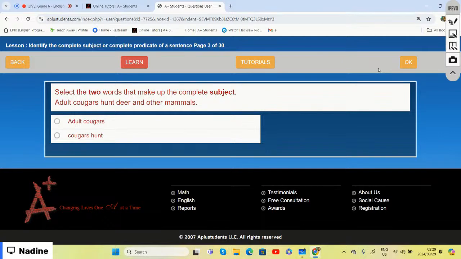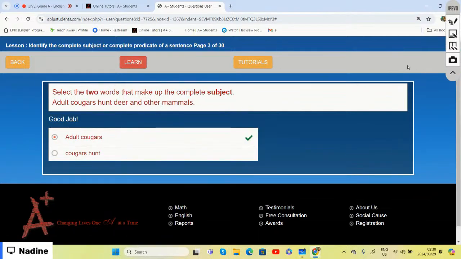All right, and if we select the two words to make up the subject, we will say it is adult cougars.